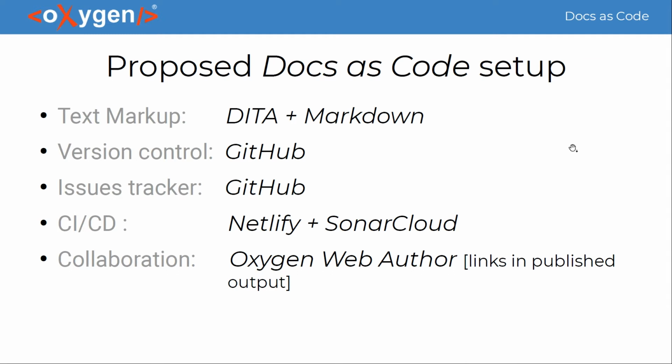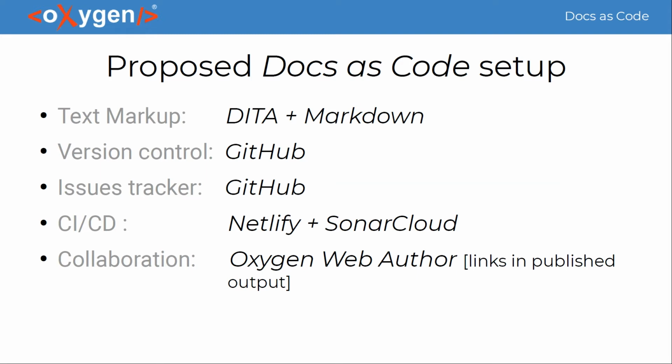So a proposed solution that I have for you is, as the text markup, we'll choose Markdown. Again, any plain text markup language would do, any XML, any other. As version control, we'll choose GitHub, so we'll keep our content in a GitHub repository. As issue tracker, again, we'll use GitHub's own issue tracking system that I've presented earlier. For continuous integration and continuous delivery, we'll use Netlify, which integrates great with GitHub.